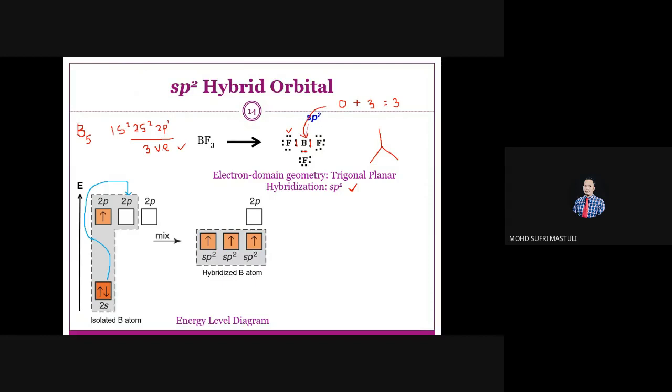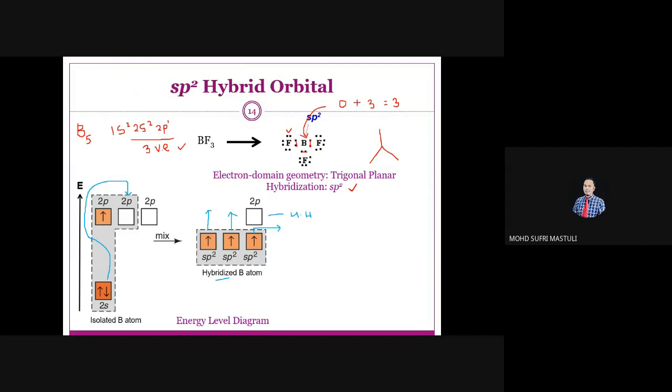Now we have three single electrons after hybridization, and one p orbital remains unhybridized. With three single electrons, one combines with the first fluorine, another with the second fluorine, and another with the third.